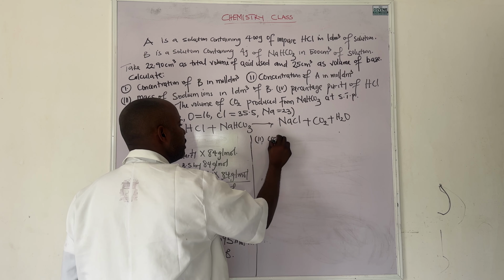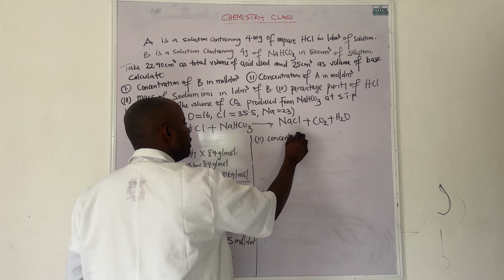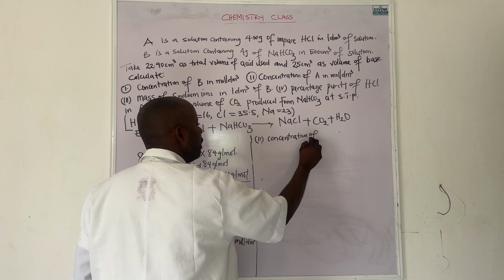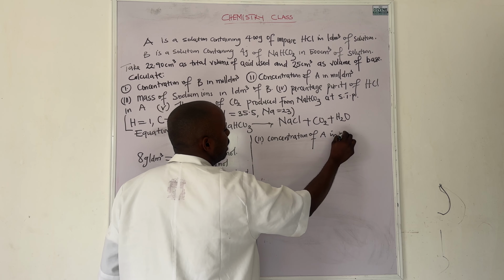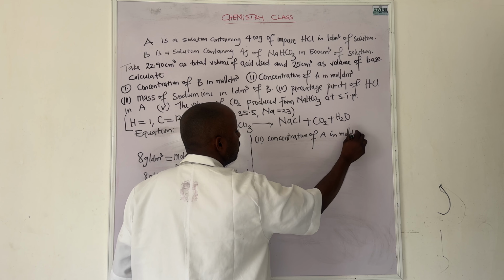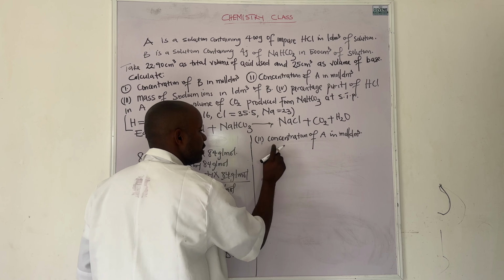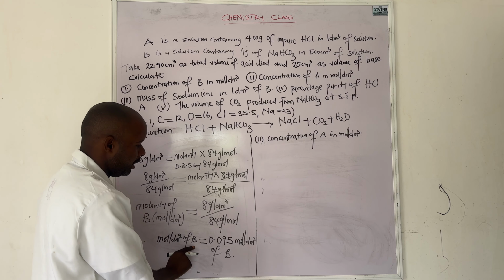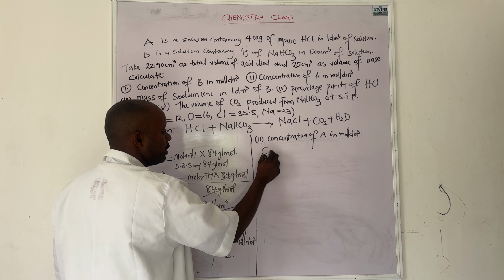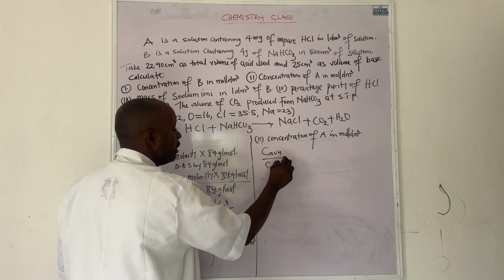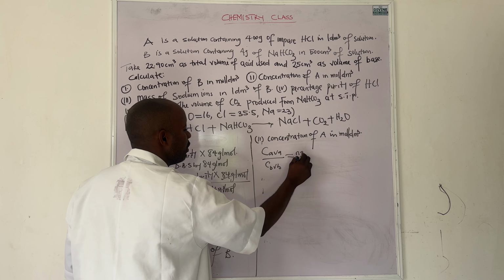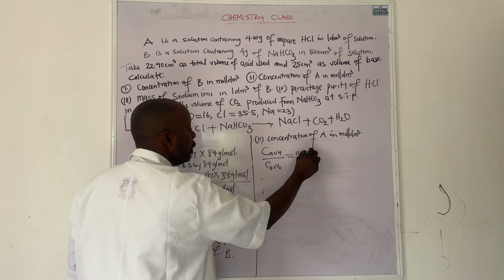Concentration of A in mole per dm cube: CA VA all over CB VB is equal to NA all over NB.